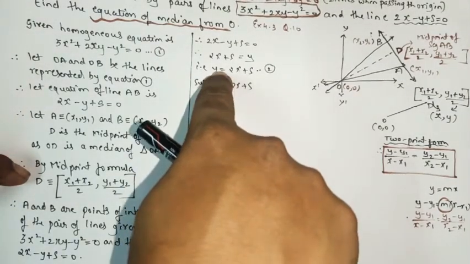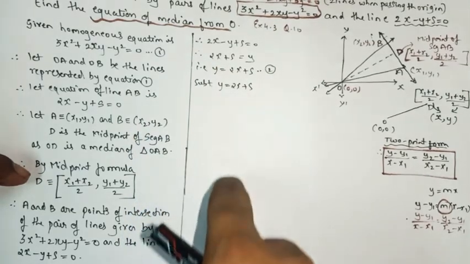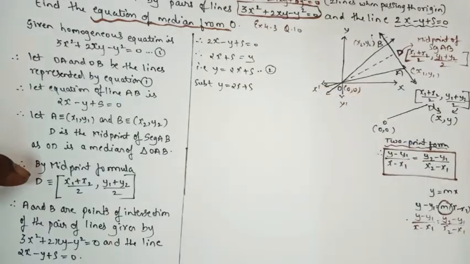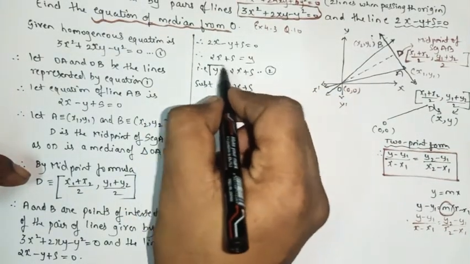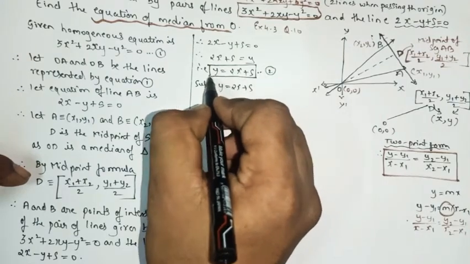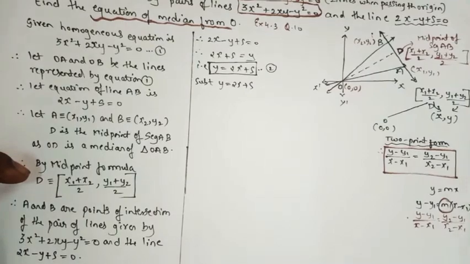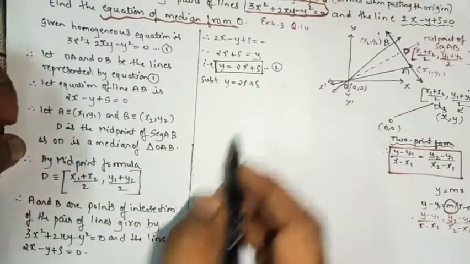When you make the value of x, substitute it, after that you will get the value of y. Okay, it is on you. For this sum, I felt making y equals to would be easy.